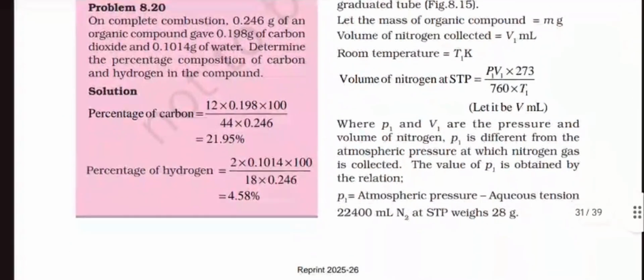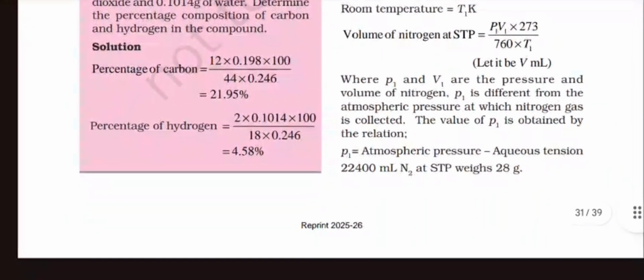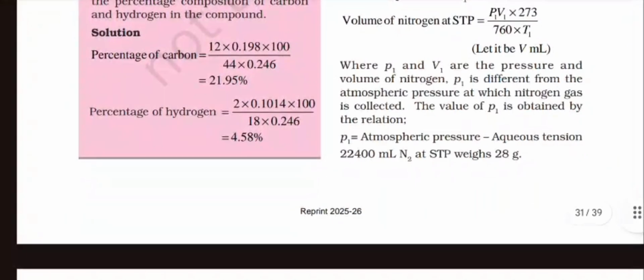The mass of organic compound is equal to m g. Volume of nitrogen collected is equal to V1 ml, at room temperature T1 K. Volume of nitrogen at STP = P1 V1 × 273 / (760 × T1). Let it be V ml, where P1 and V1 are the pressure and the volume of nitrogen. P1 is different from the atmospheric pressure at which nitrogen gas is collected.